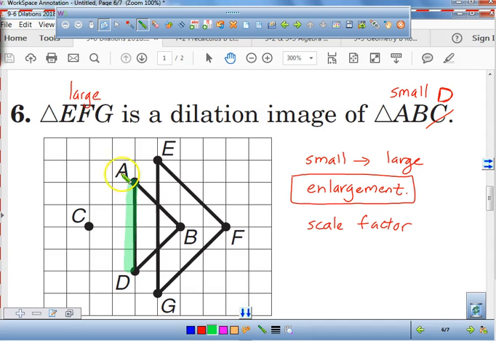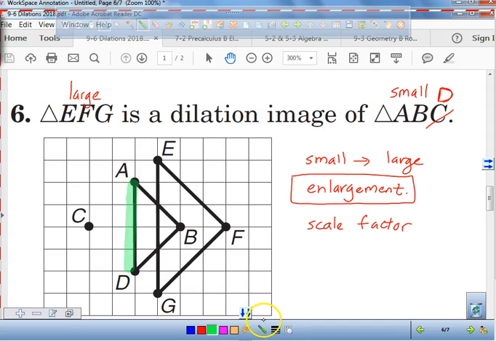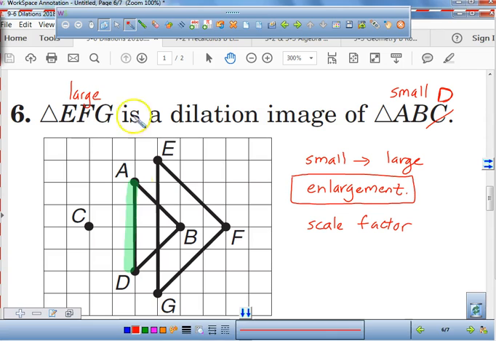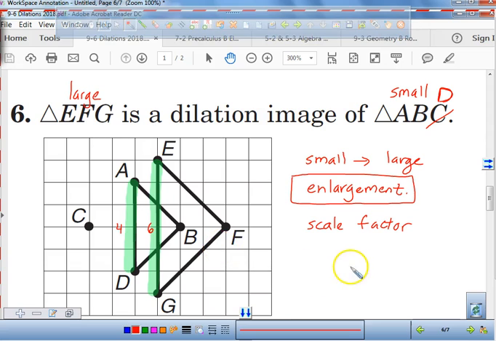And what's that distance from there to there? 4, right? That's a 4. That's a 4. And then I look at the same one that I can easily evaluate. So our new one is 6. All right? So, and if it's an enlargement, you put the big over the small, and that gets you a scale factor of 3/2 or a 1.5.